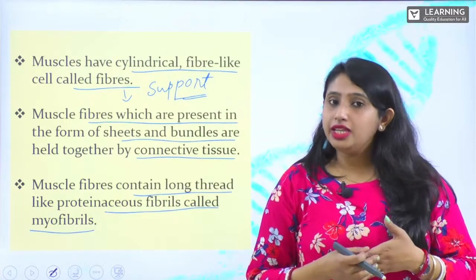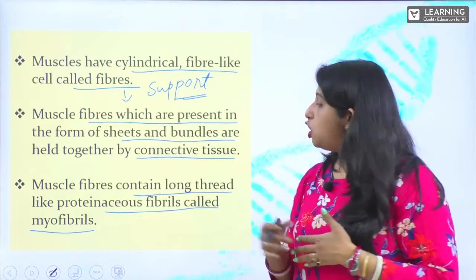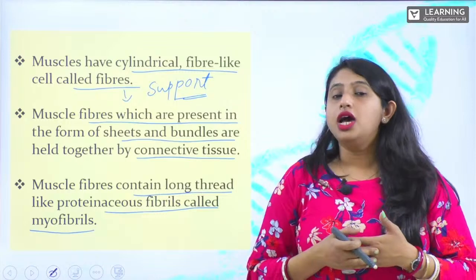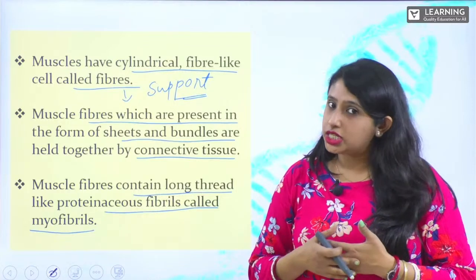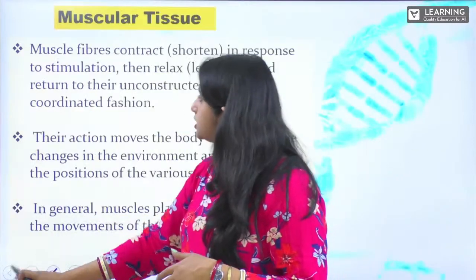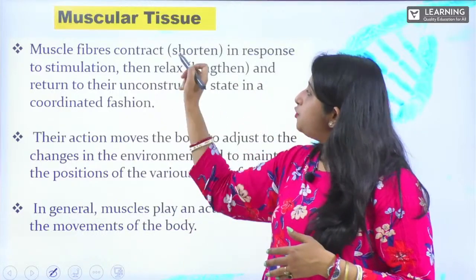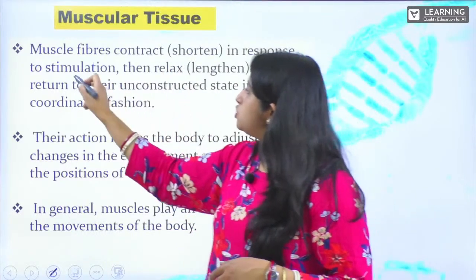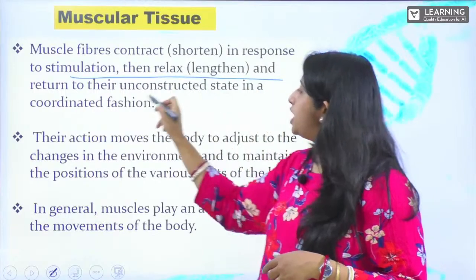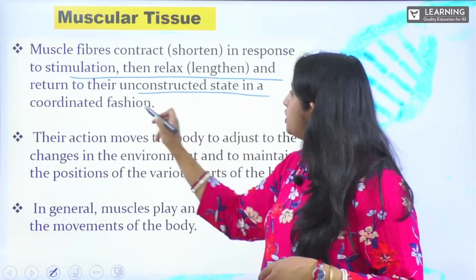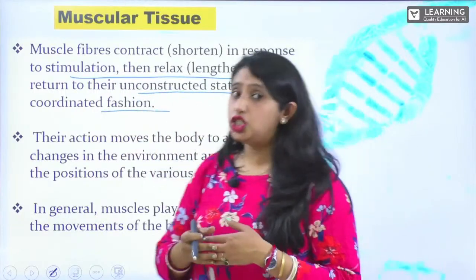Inside the muscle fibers we get long thread-like structures made up of protein, called myofibrils. Next, muscle fibers contract in response to stimulation, then relax and return to the uncontracted state in a coordinated fashion.